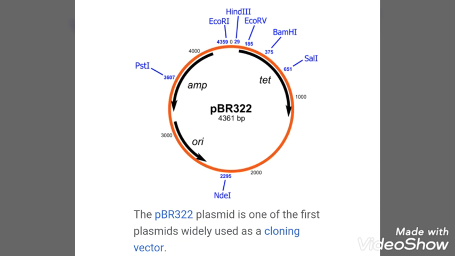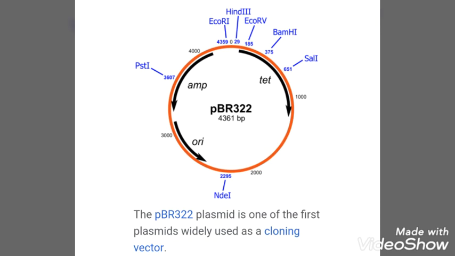This diagram shows an artificial vector, pBR322, with 4361 base pairs. The vector diagram is like this.